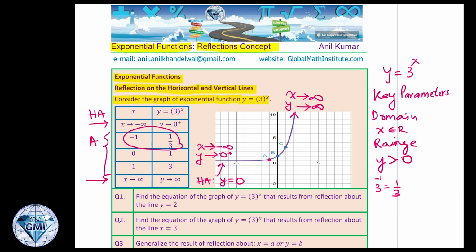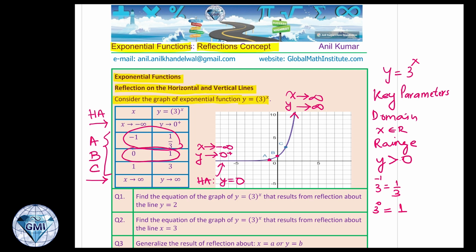The next value is what happens when x is 0. Anything to the power of 0 is 1, and so we get the second value, which is point B on the graph, which is also the y-intercept, (0, 1).